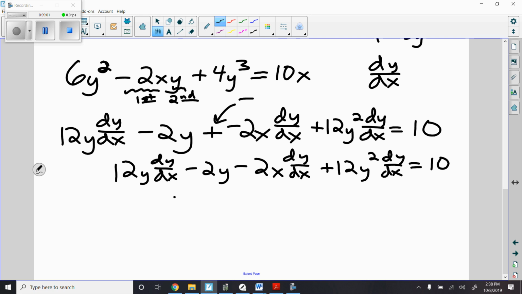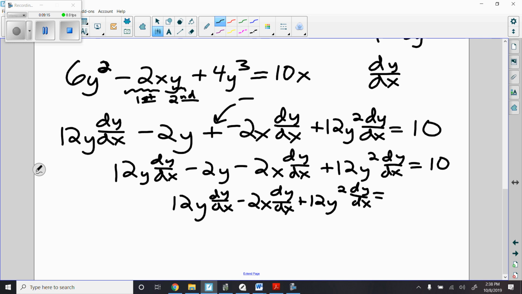I'm going to get 12y dy dx minus 2x dy dx plus 12y squared dy dx equals 10 plus 2y. Okay. Again, just be careful when you're removing this to this side. Just remember that you do that by adding 2y. So if it's minus 2y on the left side, it's going to be plus 2y on the right side.